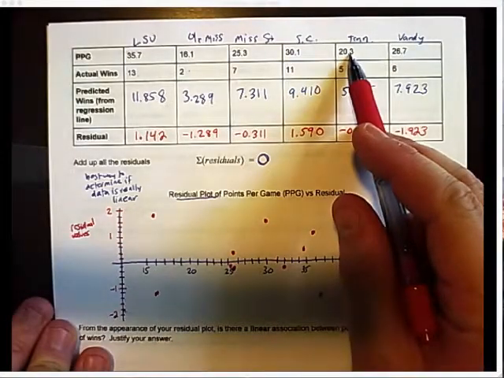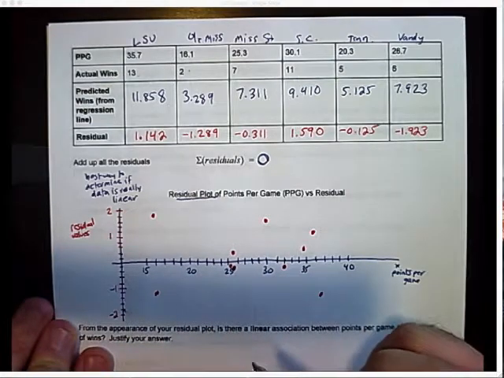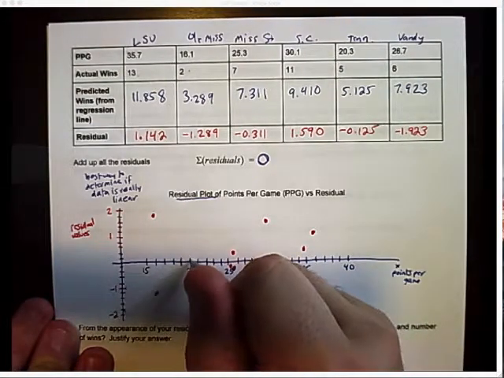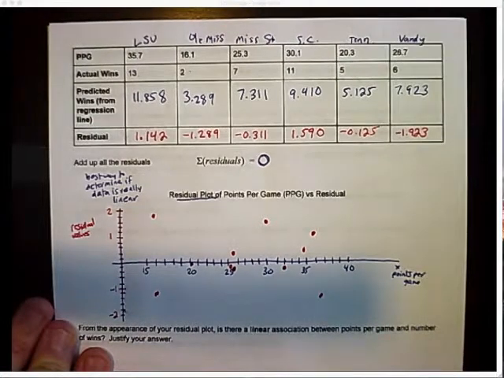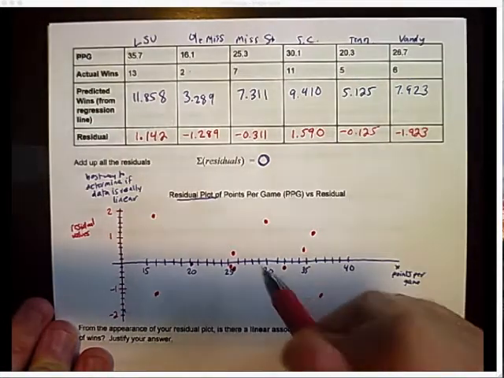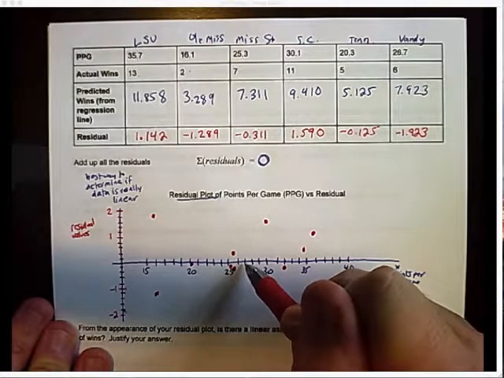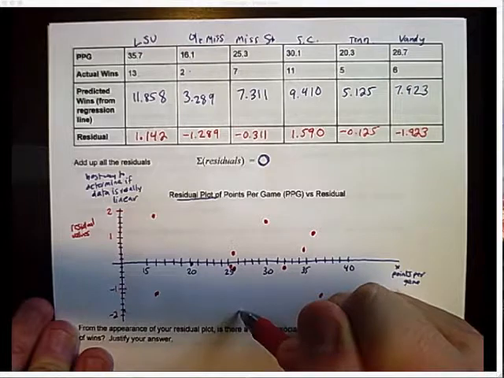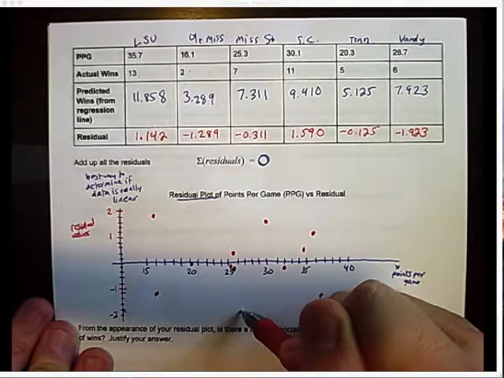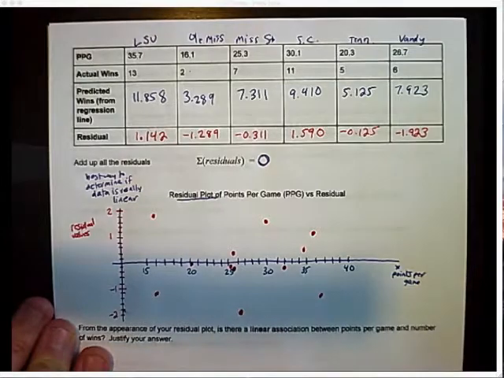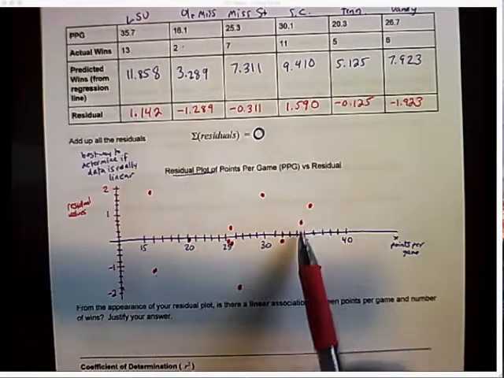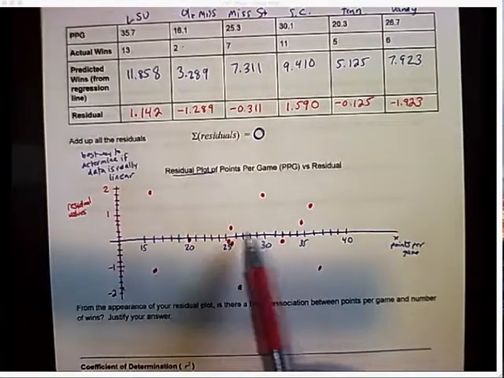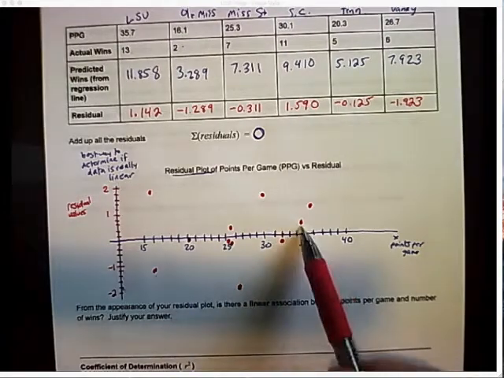Tennessee, 20.3, -0.125, which is very, very close to 0, and not even a tick mark down. Vanderbilt 26.7, negative 1.923, which is almost negative 2. So maybe about right there. Let's make sure we got all 12 teams. 1, 2, 3, 4, 5, 6, 7, 8, 9, 10, 11, 12.